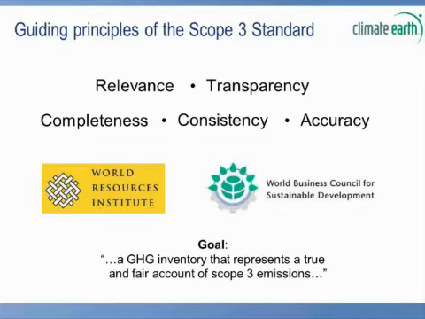WBCSD is an organization led by CEOs of corporations, and their aim is to get the business community to be a proactive force for creating a sustainable economy, society, and environment. And so these two organizations have partnered together for over a decade now in developing the Greenhouse Gas Protocol and now the Scope 3 standard.